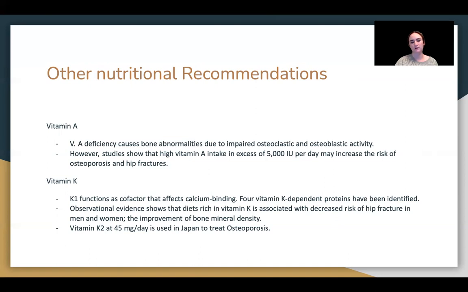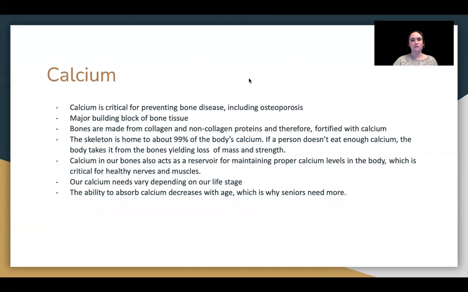Vitamin K2, 45 milligrams a day, is used in Japan to treat osteoporosis. I thought that was something that was really cool, so I put that in there. So main takeaway for pharmaceuticals and stuff: vitamin D and calcium.